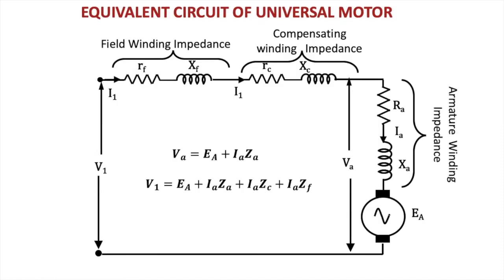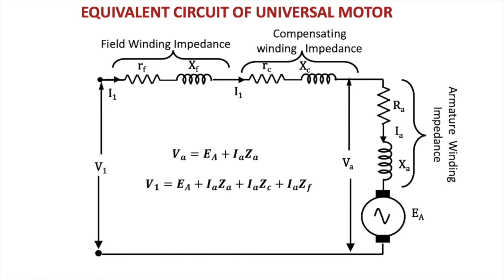Now the equivalent circuit of the universal motor is given as the field winding impedance in series with the compensating winding impedance in series with the armature winding impedance and the armature where the EMF is being induced. So we can write the equation as VA, the terminal voltage of the armature, is equal to EA plus IA ZA, that is the armature winding drop.